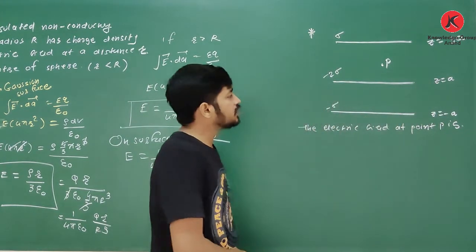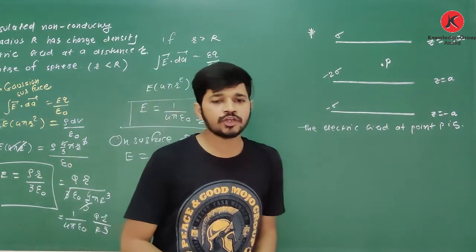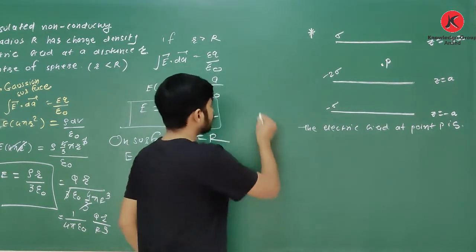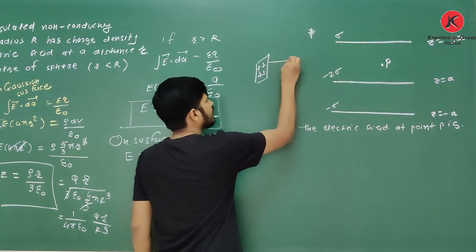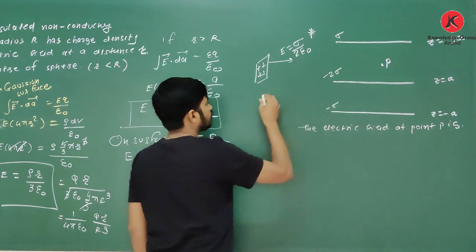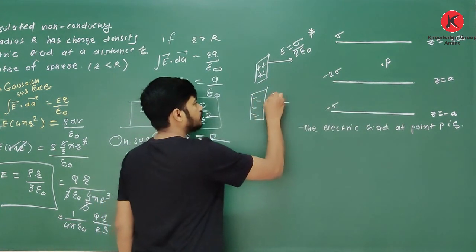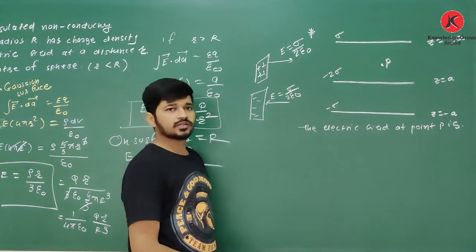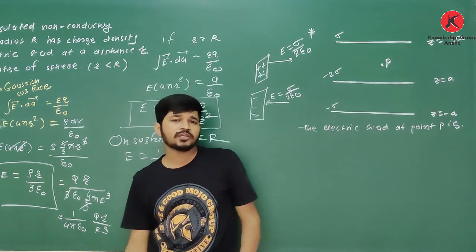You have to find the electric field at point P. You know that for an infinite plane sheet, the electric field is E equal to sigma upon 2 epsilon 0. For a positive plate the field points outward, for a negative plate it points inward. Clear? Yes.